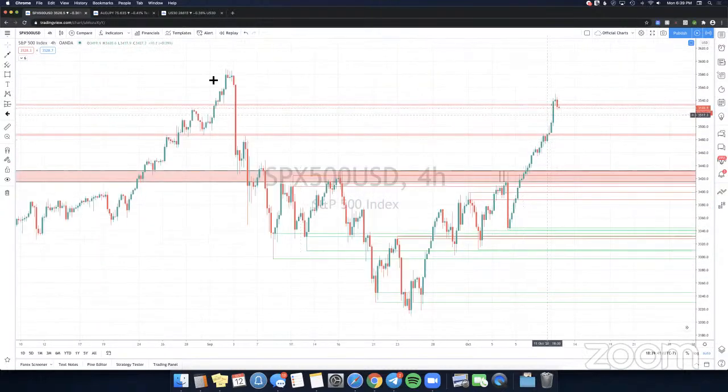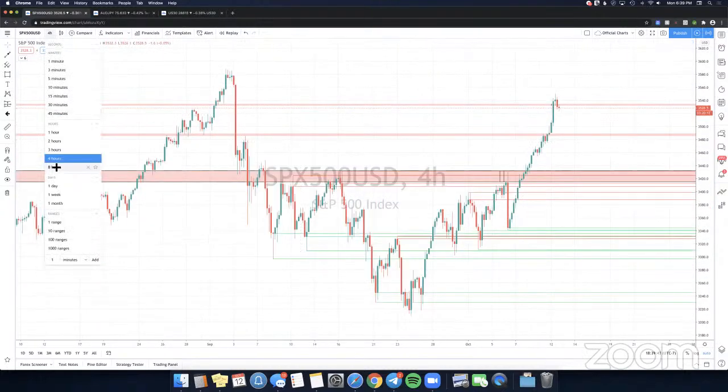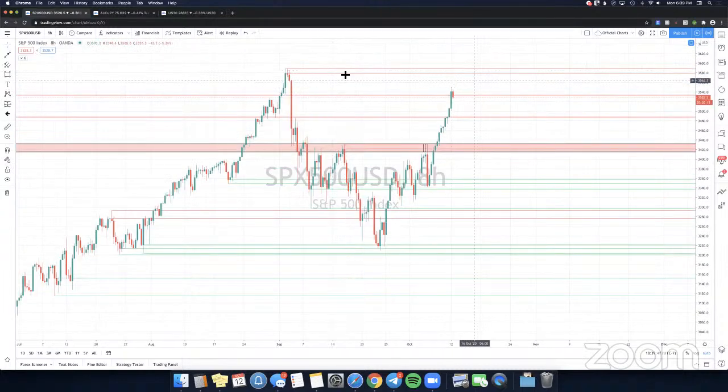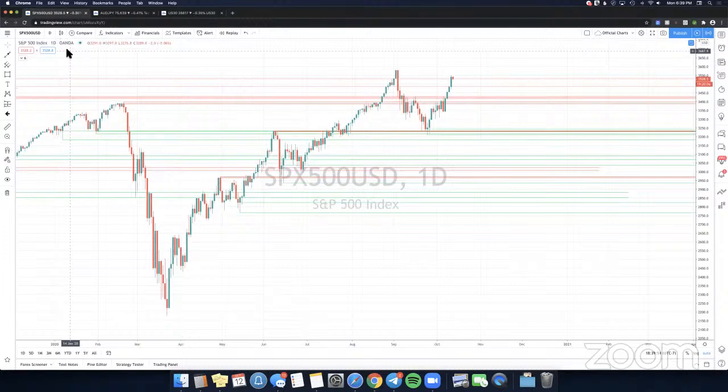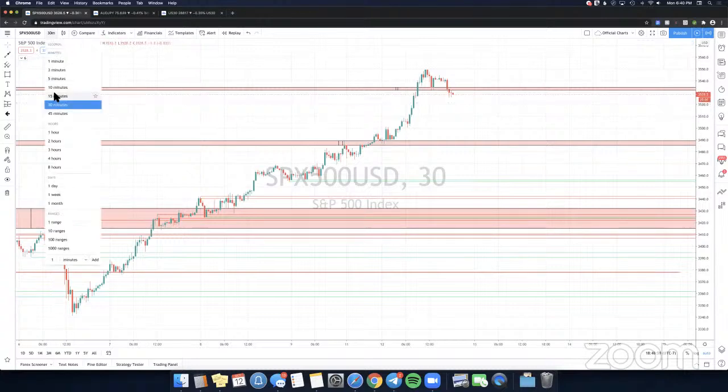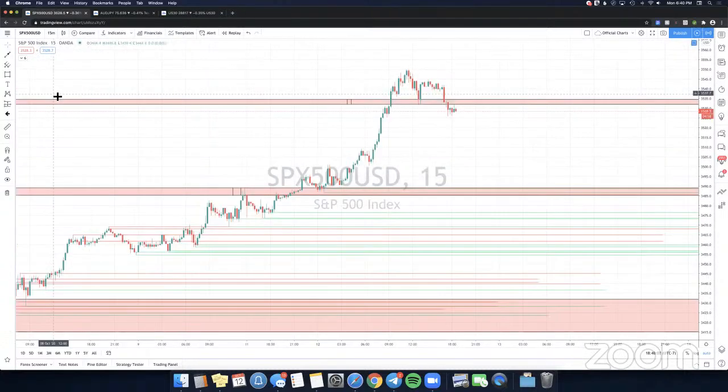So that's why these zones haven't been created. If you can't find a zone on the higher time frame, like the 8 hour, this is super far off because this is a huge move from before. But here's the daily. There's like nothing there. So if you can't find the zones on the higher time frames, you can always go on the lower time frames. So here are the zones on the S&P from the 15-minute.